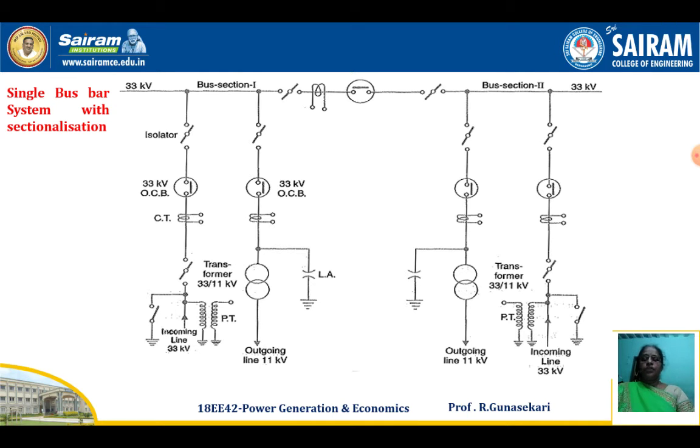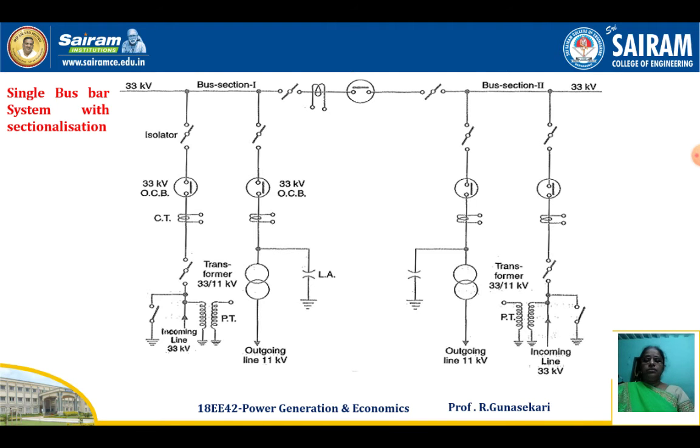You see here also isolator, oil circuit breaker and current transformer. The incoming line is 33 kV, the outgoing line is 11 kV. Two 33 kV incoming lines and two 11 kV outgoing lines are there. LA means lightning arrester, which is used to protect the substation equipment from voltage surges, lightning and thunder.